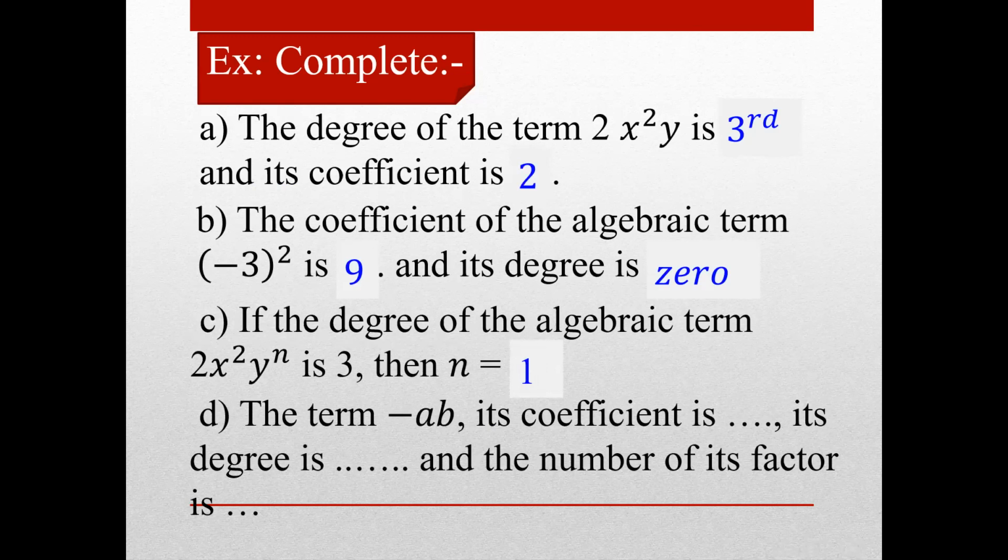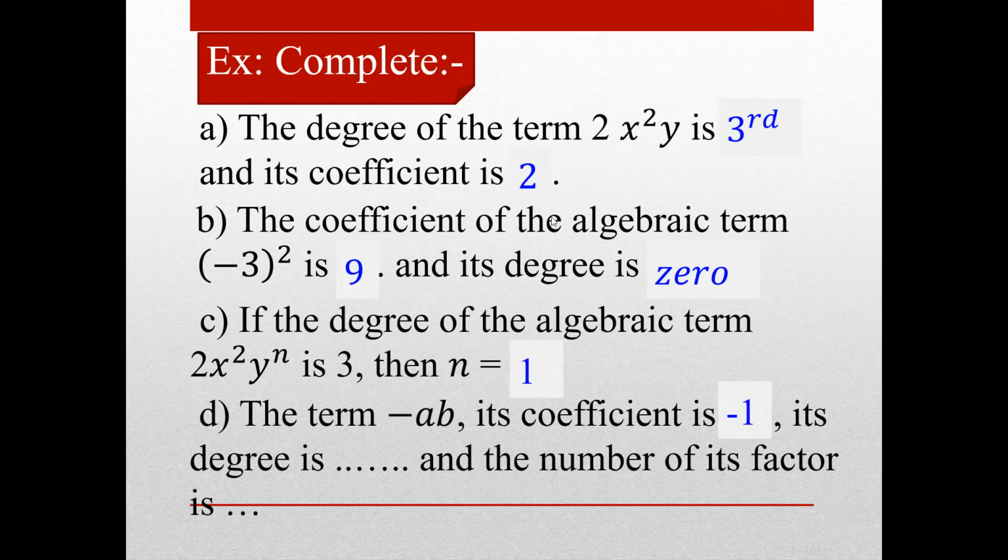The term negative ab, its coefficient is what? Negative ab means negative 1 times a times b. So the coefficient here is negative 1. Its degree is what?